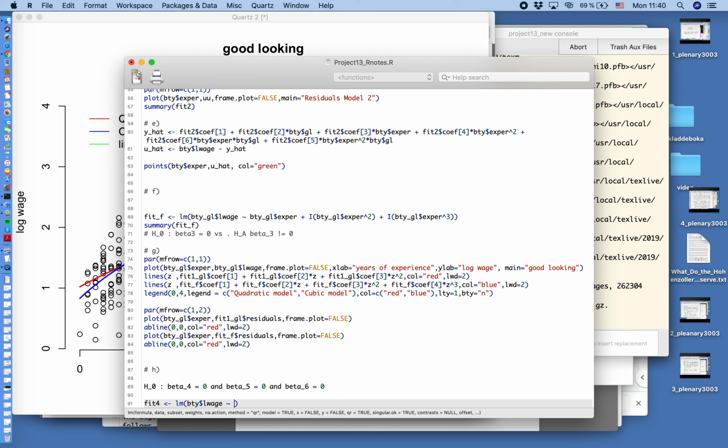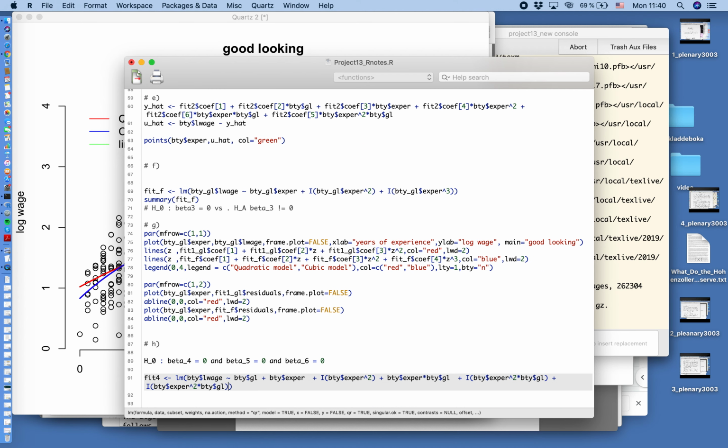So that's log wage, bty, gl, plus bty, plus I x pure squared, and then the interaction terms. So multiply this by bty, dollar sign gl, and multiply this thing by bty gl, plus bty power 3 times gl.